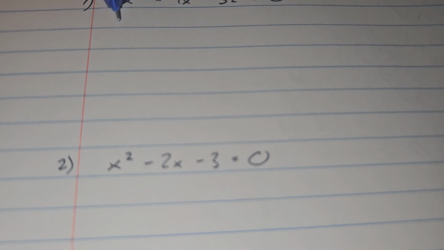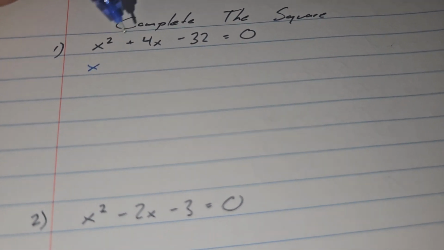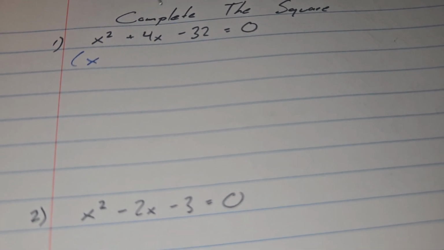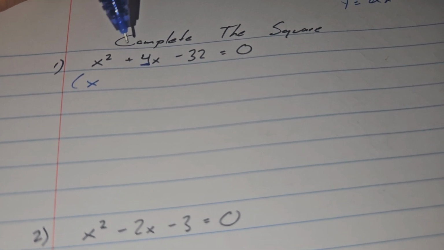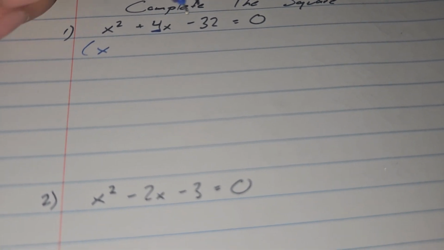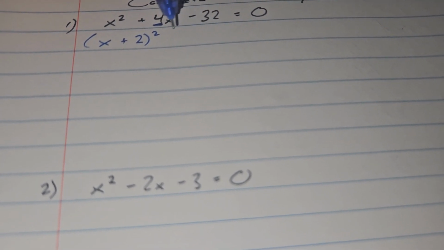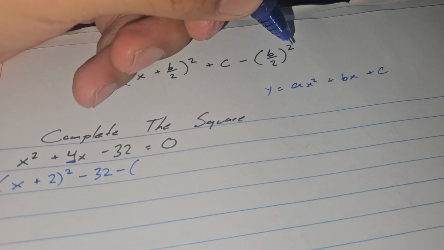We have x plus b divided by 2. What's b? Our b is going to be 4, right? 4 divided by 2 is 2. So x plus 2 squared plus c, our c is negative 32 minus b divided by 2 squared.